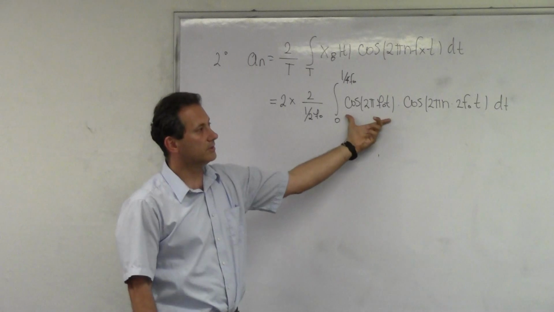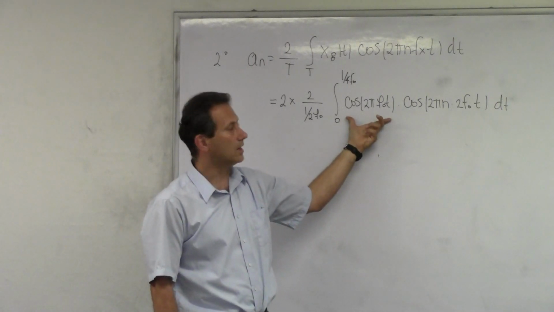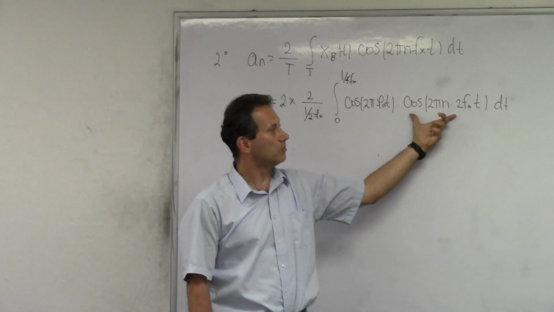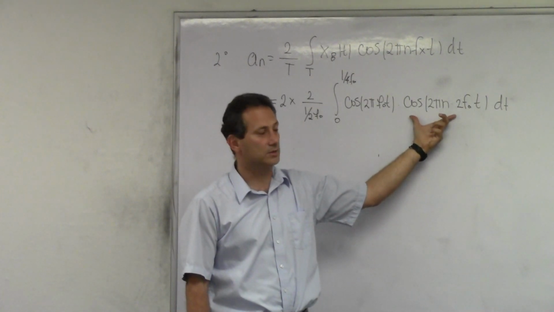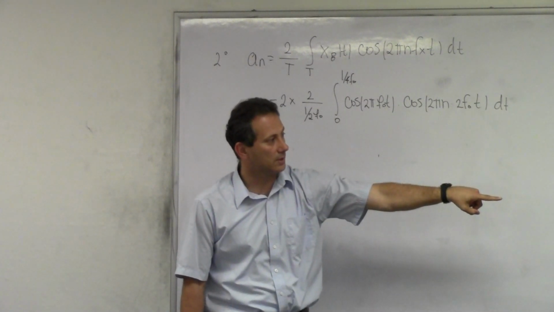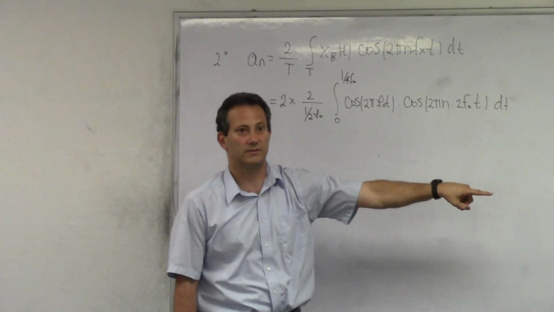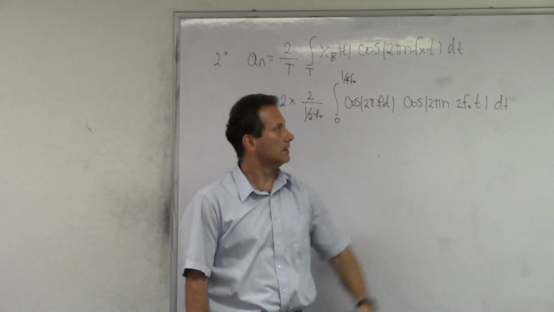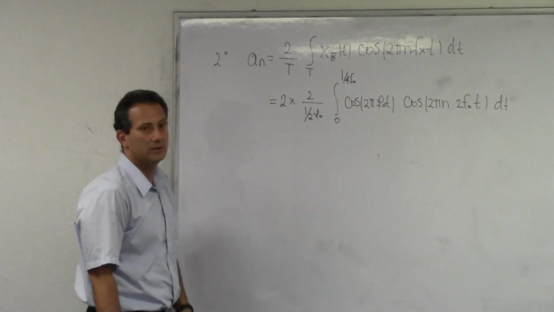Then this part is the value of the function, cosine 2 pi f0 t. Then I have cosine 2 pi n times the fundamental frequency. Look there, f_x is 2 times f0, so that's my fundamental frequency.